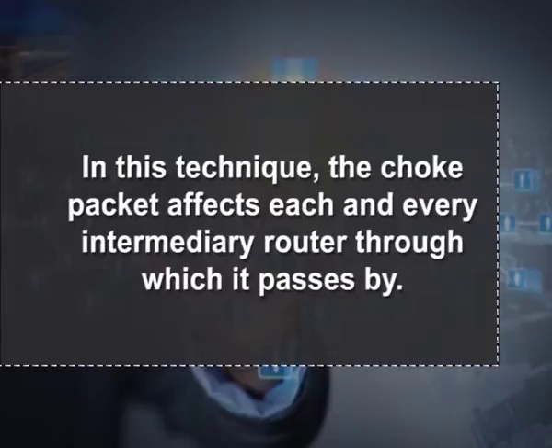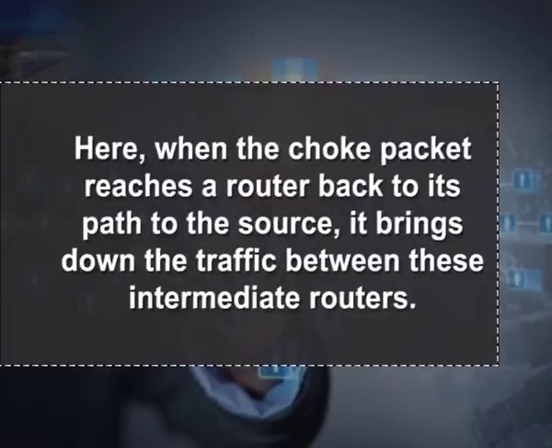In this technique, the choke packet affects each and every intermediary router through which it passes. Here, when the choke packet reaches a router on its path back to the source, it brings down the traffic between these intermediate routers.